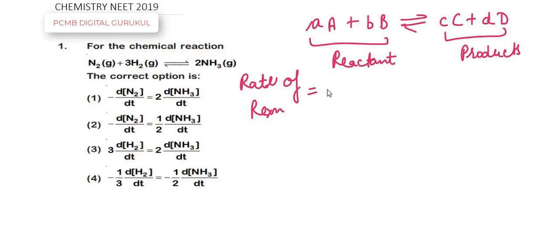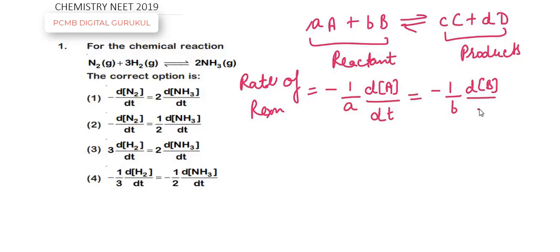So we can write it like this: negative of 1 by the coefficient of reactant A into the change in concentration of A with respect to change in time, that is equal to negative of 1 by the coefficient of B into the decrease in concentration of B with respect to change in time.